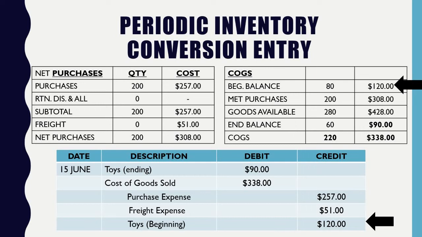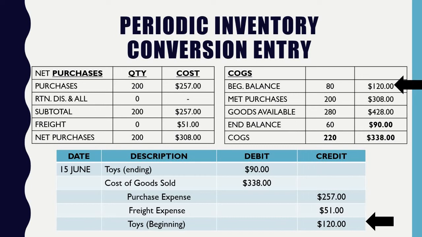As we've mentioned before, what we're essentially doing is taking the amount of net purchases that we've made and throwing in our beginning balance, so then we have our goods available. Then we slowly distribute which ones go into your ending inventory and which ones have been sold, if you think of it that way.